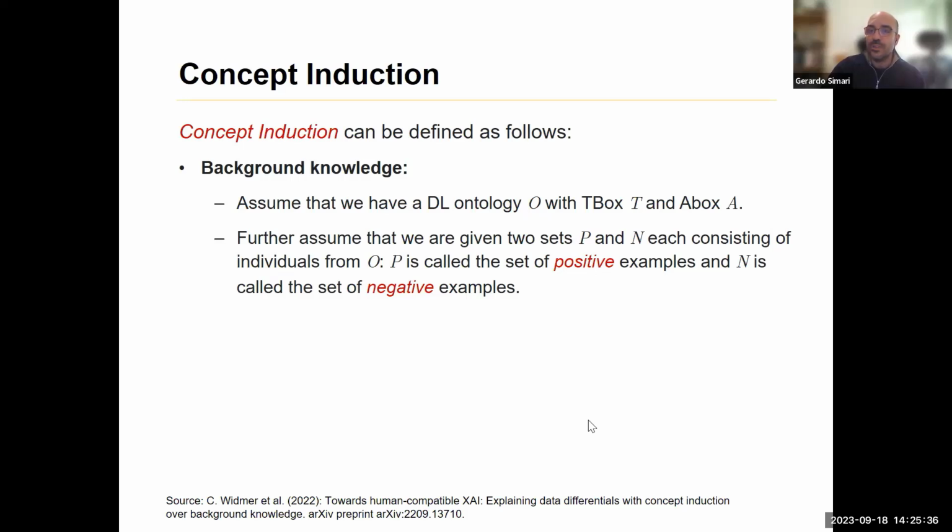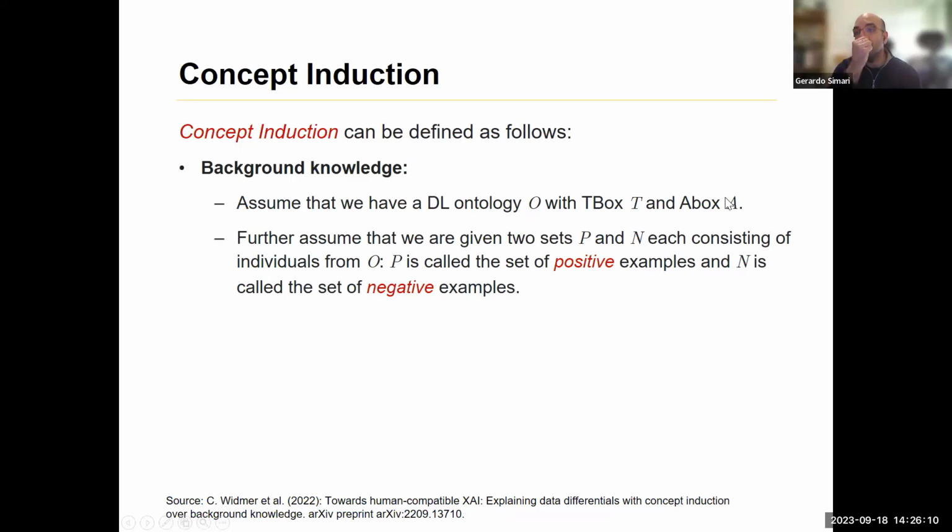So concept induction, to provide a brief definition, relies on what's called background knowledge that is assumed to come in a description logic ontology. So it has an ontology O with a terminological part, the rules, in set T, and an A box, which is the assertional part, or the database, the set of facts A.